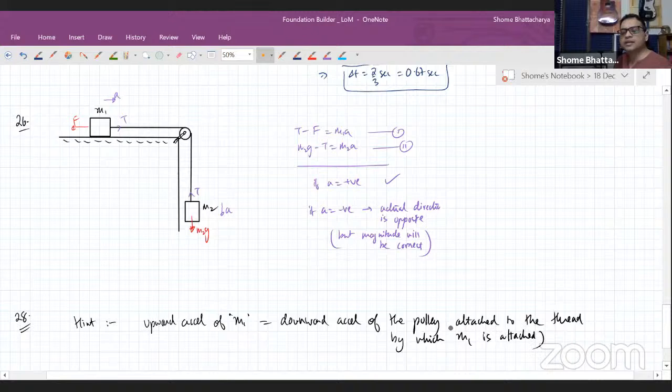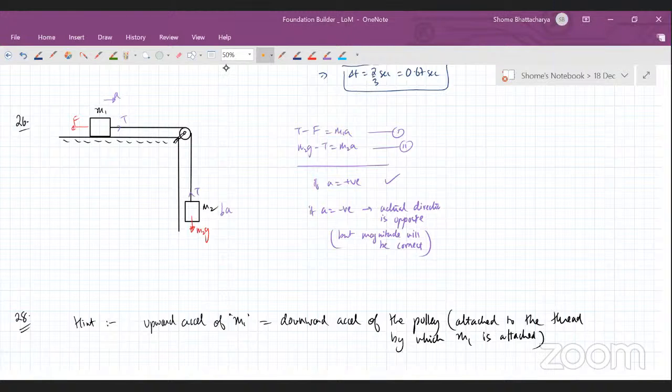Okay, there's a pulley at the other end of the thread to which M1 is attached. So वो pulley का जो downward acceleration होगा वो उतना ही होगा जितना M1 का upward acceleration है. So take that into account and make the free body diagrams and solve for accelerations. Just try out this question now, we'll discuss.